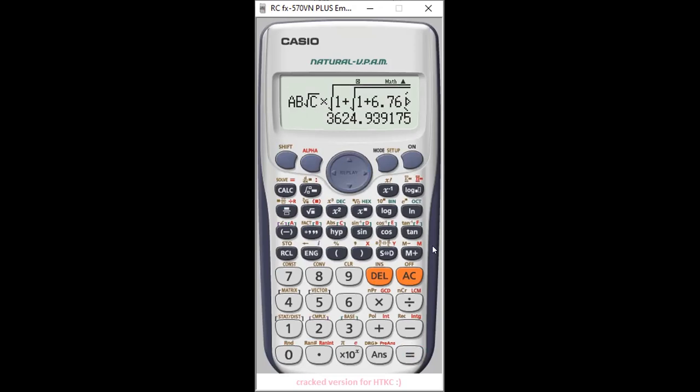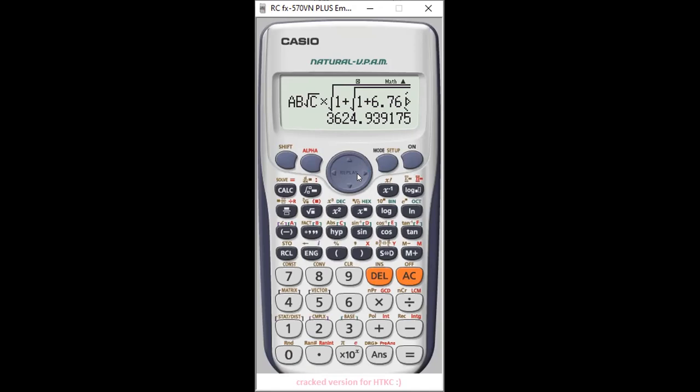Ayan. So yung makukuha nating value for our formula is, or LR natin is 3624.939. Okay? So, let me again clarify kung tama, no?